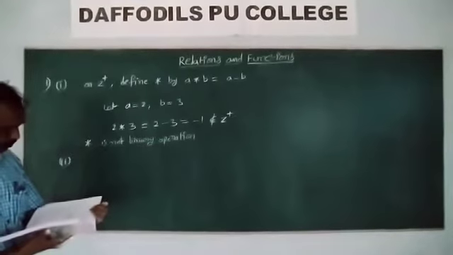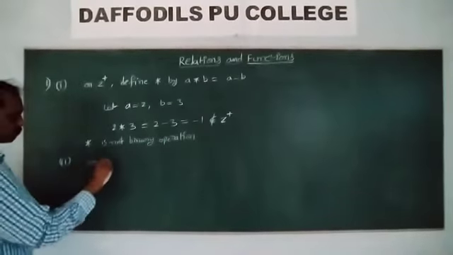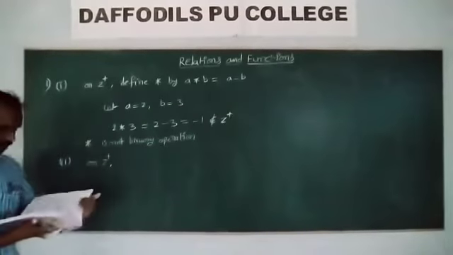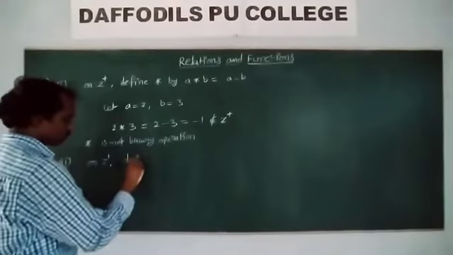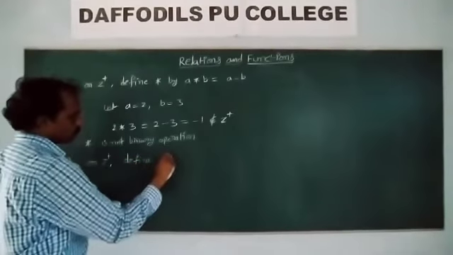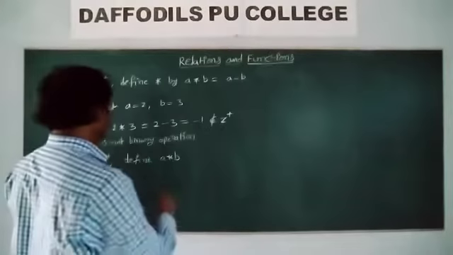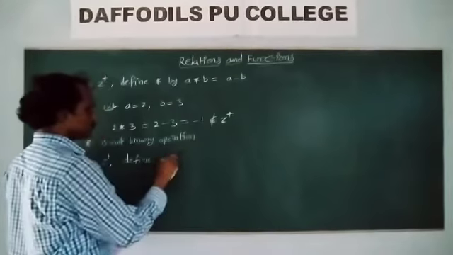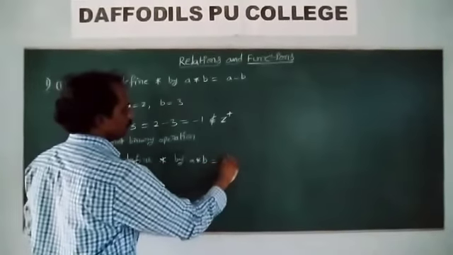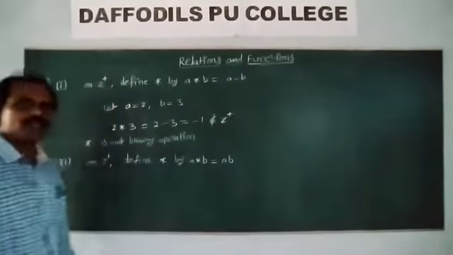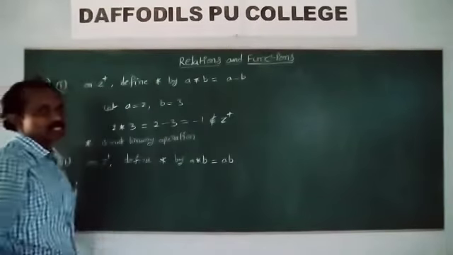Second bit. This is also Z plus. On Z plus, define star by A star B is equal to AB. Here the elements taken also belong to Z plus.